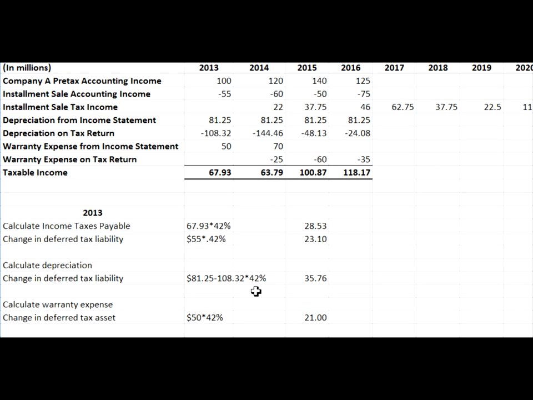Okay. And next we have our deferred tax liability. This is going to be twofold because we have deferred tax liability from our installment income, and we also have deferred tax liability from our depreciation. Okay.